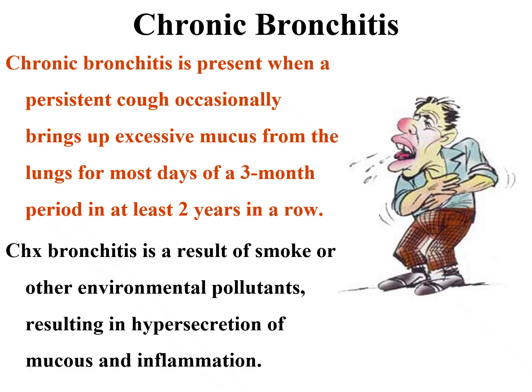Now, chronic bronchitis is presented, and this is actually how it winds up being diagnosed. Chronic bronchitis is present when a persistent cough occasionally brings up excessive mucus from the lungs for most days of a 3-month period in at least 2 years in a row.